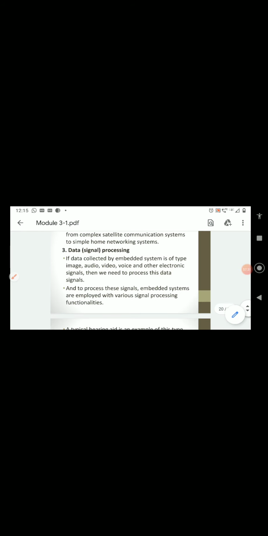So to improve the hearing of that person, we need a hearing aid. That is an example that comes under data processing. So what will this hearing aid do? It will collect the voice or audio signals from the environment and surroundings and process that data.